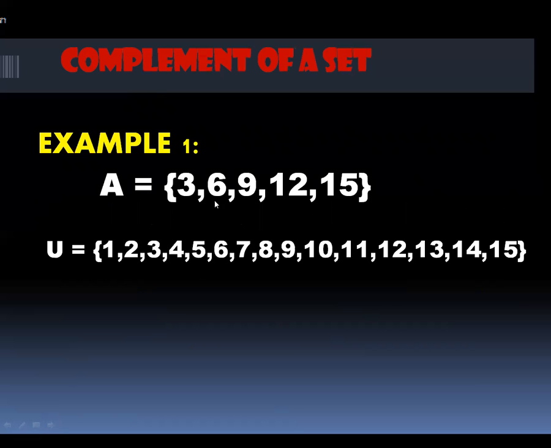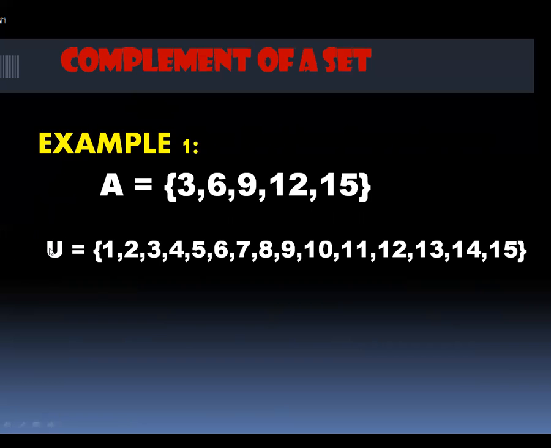Okay, for example, number 1. Set A is equal to 3, 6, 9, 12, and 15. Okay, this is our given set A. We're going to base the complement of a set from the universal set. So there is always a universal set given.